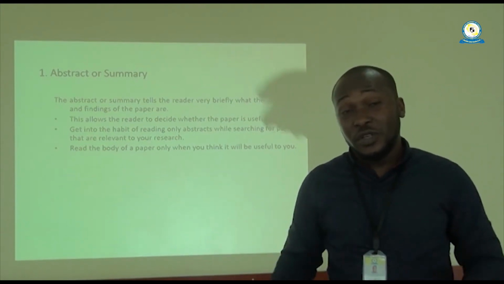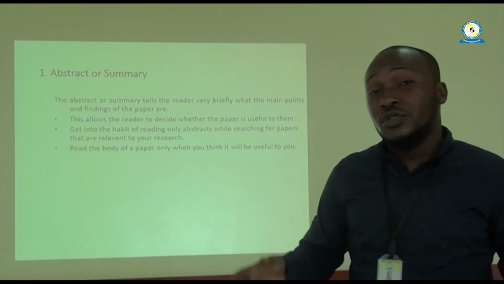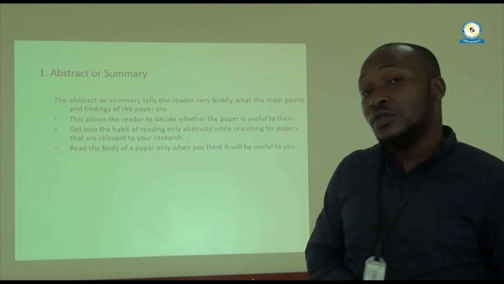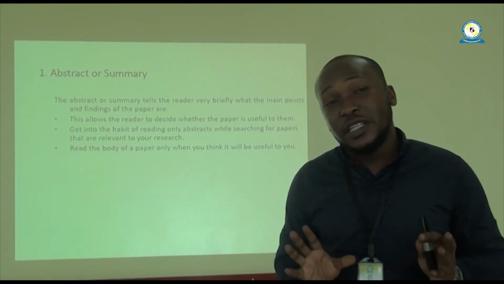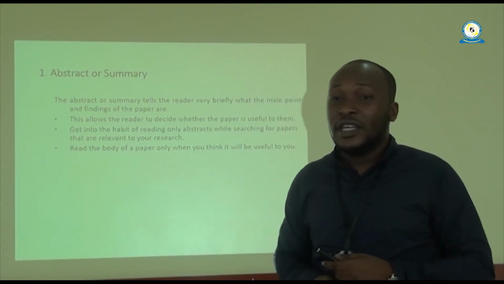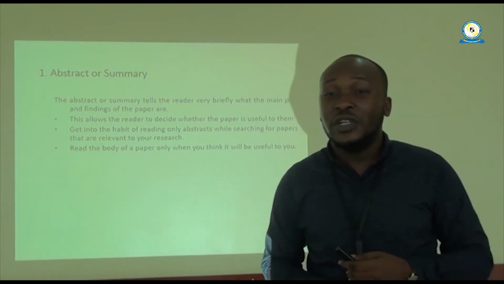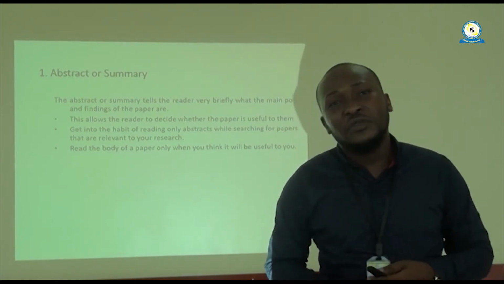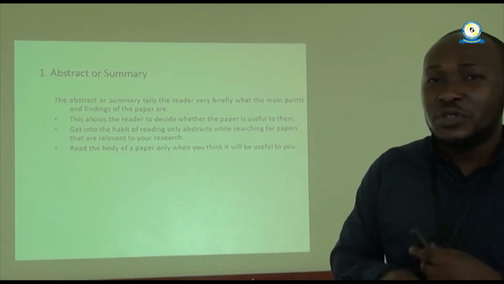So even when you are doing your literature survey, when you find a paper, you read the abstract and you get the idea that this paper correlates with my study. Okay? Read the body of a paper only when you think it will be useful to you. You don't have to read the whole paper to know that this will be useful to your research.